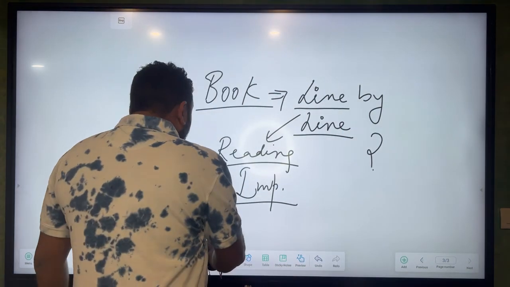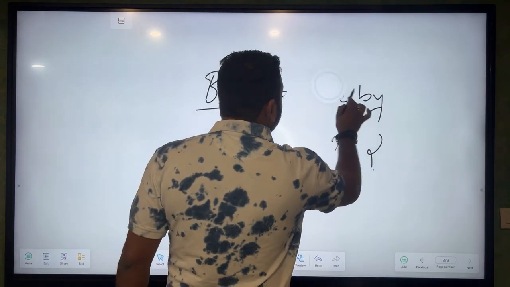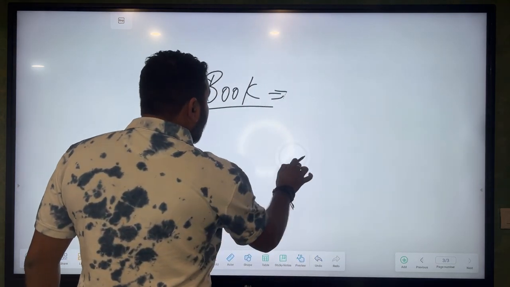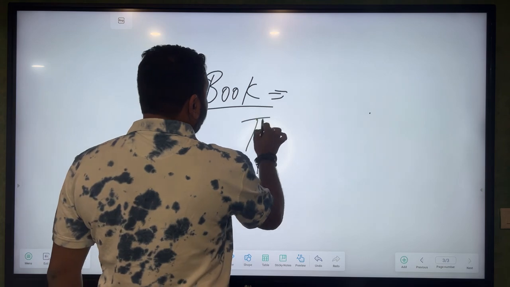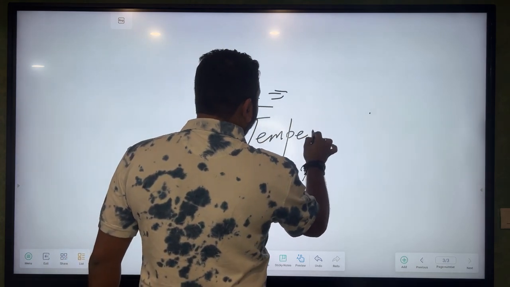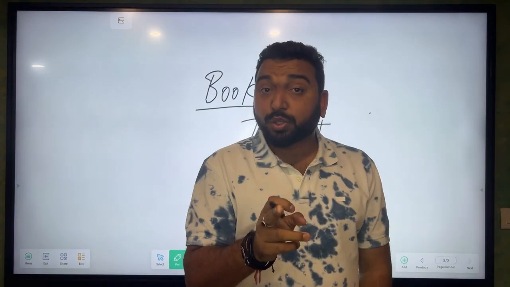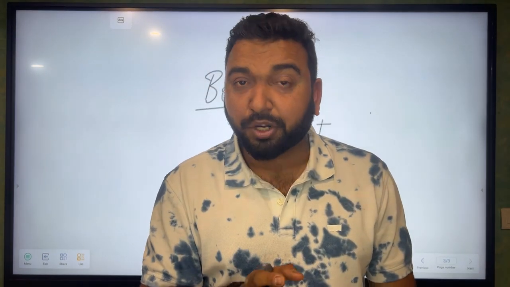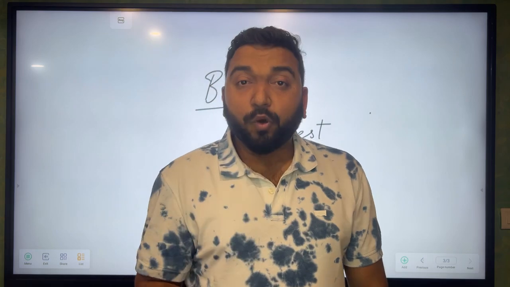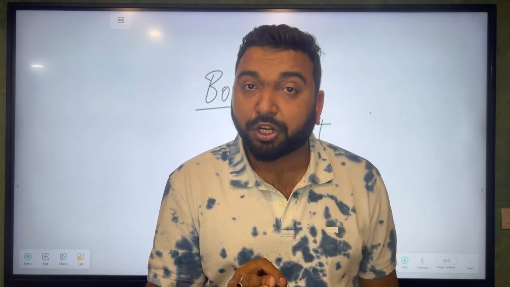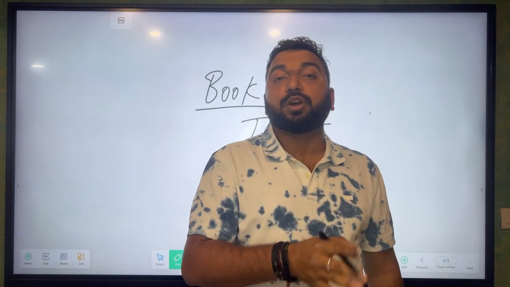For example, even if you read Tempest line by line, let's assume you are reading Tempest, the famous comedy by William Shakespeare, and you are a student, mostly in graduation or post graduation, you won't be able to go for interpretation of Tempest in post colonial style.